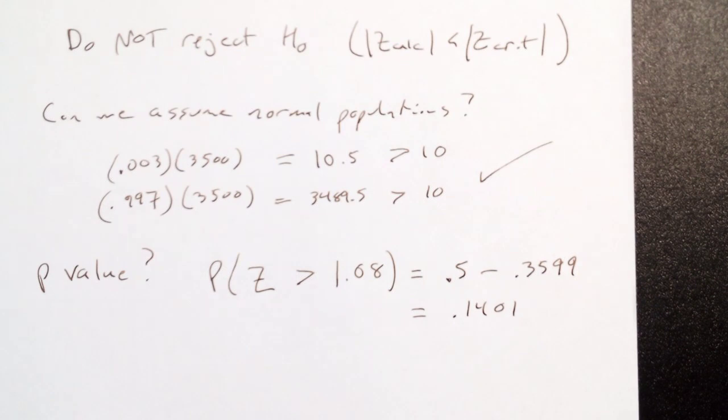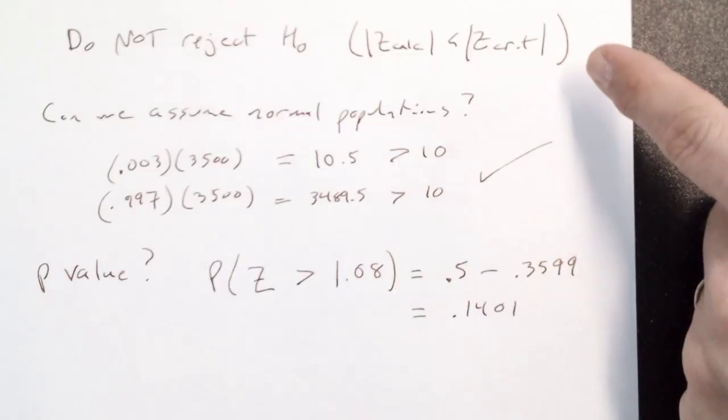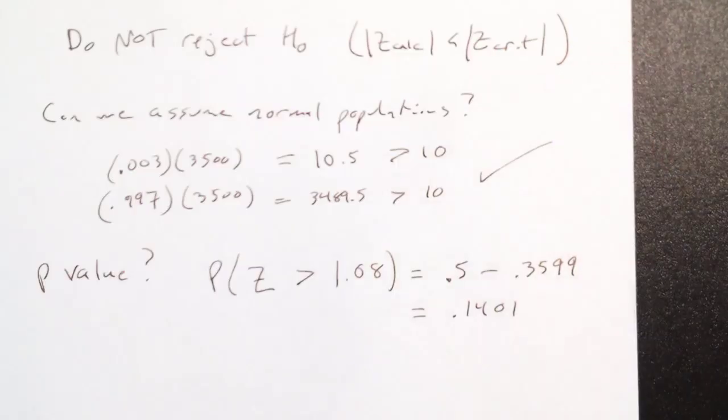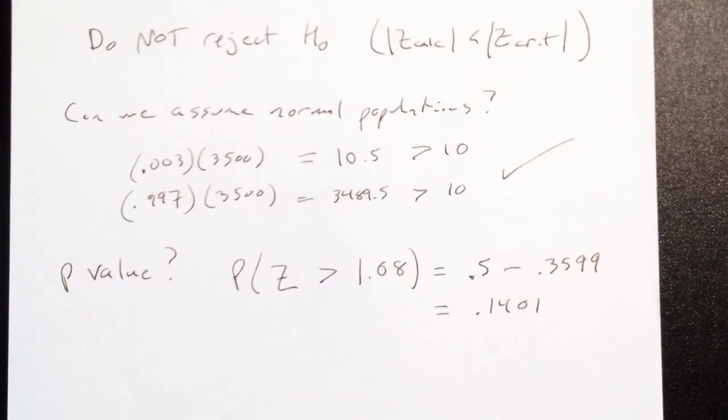What does this p-value tell me? I'm hoping it tells me the same thing that we got up here for our decision. But I only reject when p is small, right?